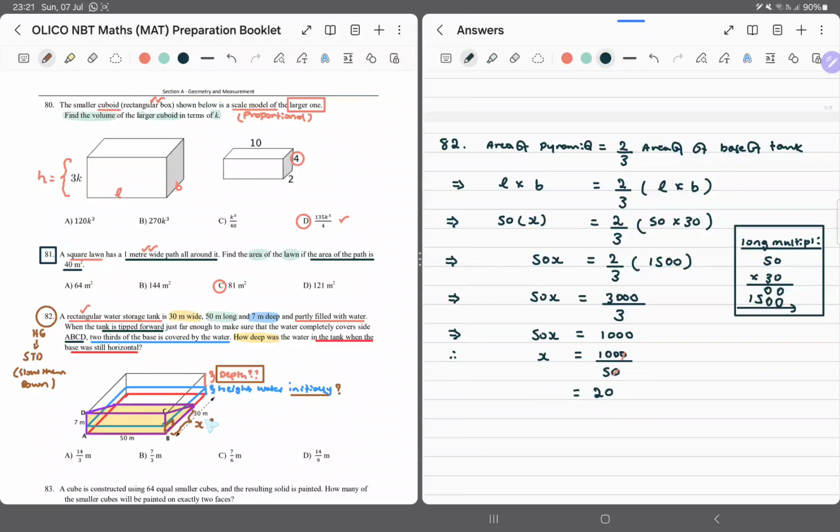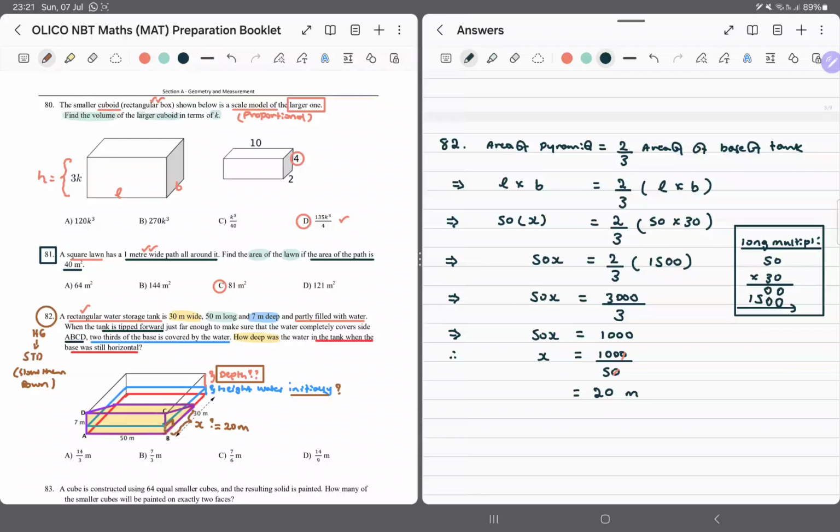But now what is this? Meters. So we know that our x is now 20 meters. So we know the breadth of our pyramid, and this would form the rectangular base, and it has a perpendicular height.